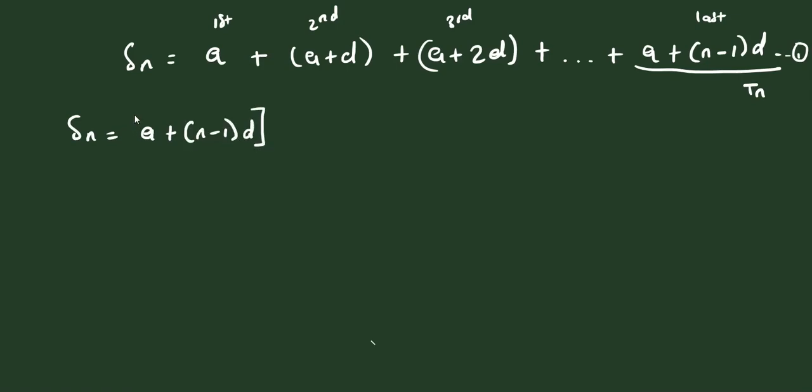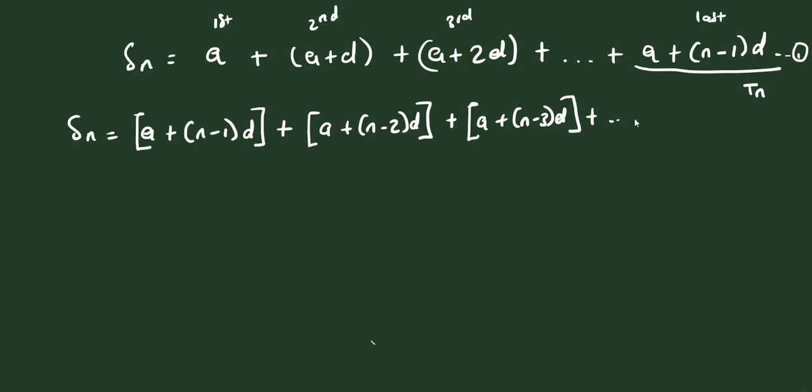This is the last term. But when I go to the second last term, it's going to be a plus n minus 2d. Just remember that. The third last term would be a plus n minus 3d, and then the first term would be a. I start with the last until the first. Then I call this equation 2.